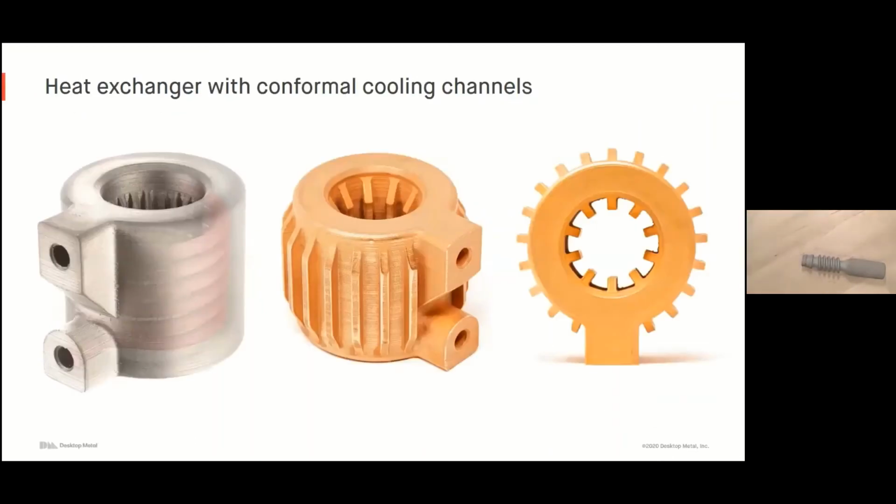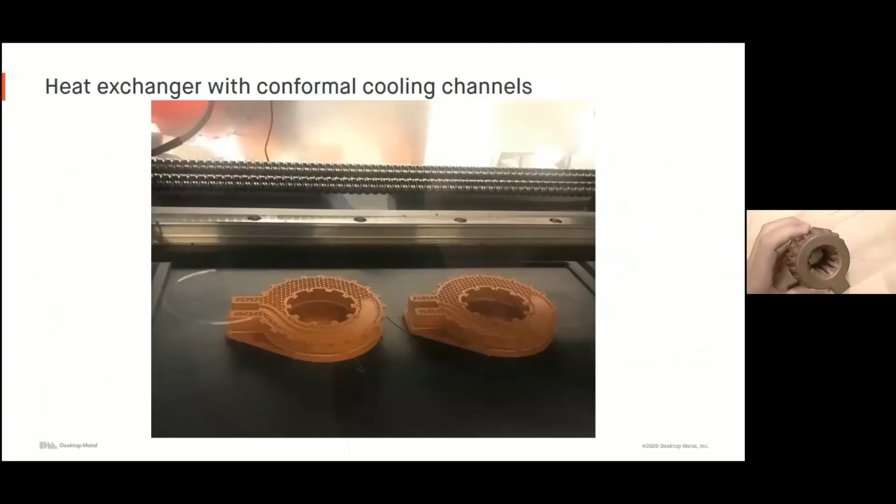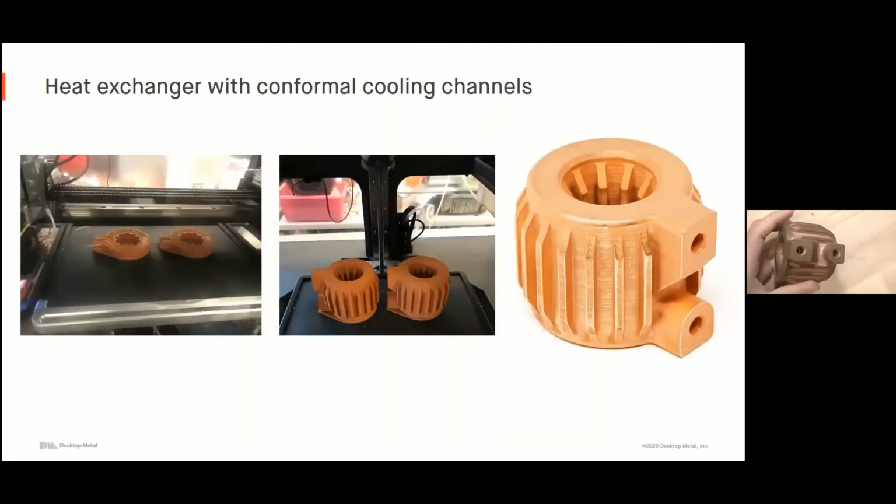Heat exchanger with conformal cooling channels. So this is another one I have with me here today. This part's just a little bit oxidized. I haven't brushed it in a little while, but it's that high quality copper. Here we're able to incorporate those conformal cooling channels that are actually wrapping through this part. You can see them being printed, layer by layer, then building up into this component.